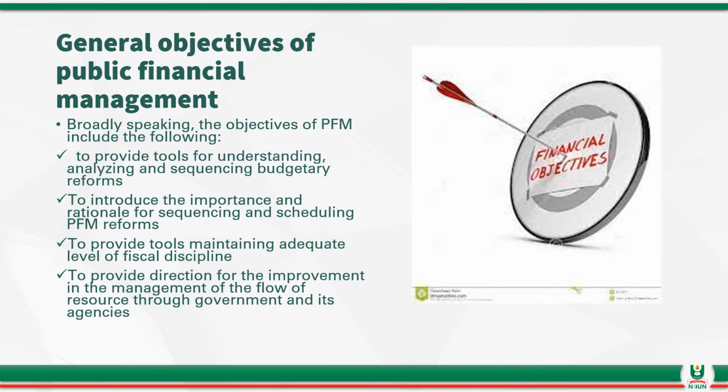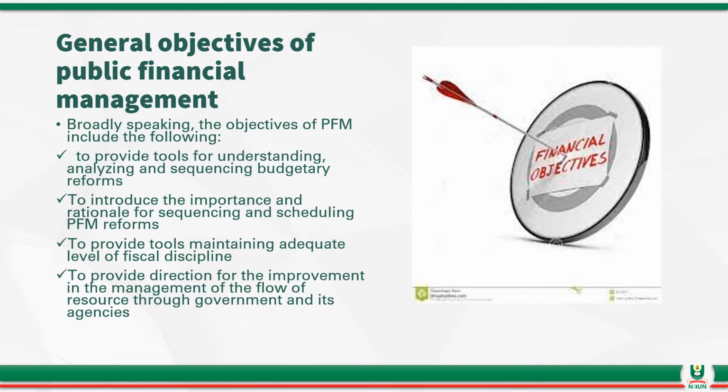So now let us look at the general objectives of public financial management. Broadly speaking, we have four basic objectives of the discipline. One, to provide tools for understanding, analyzing, and sequencing budgetary reforms.